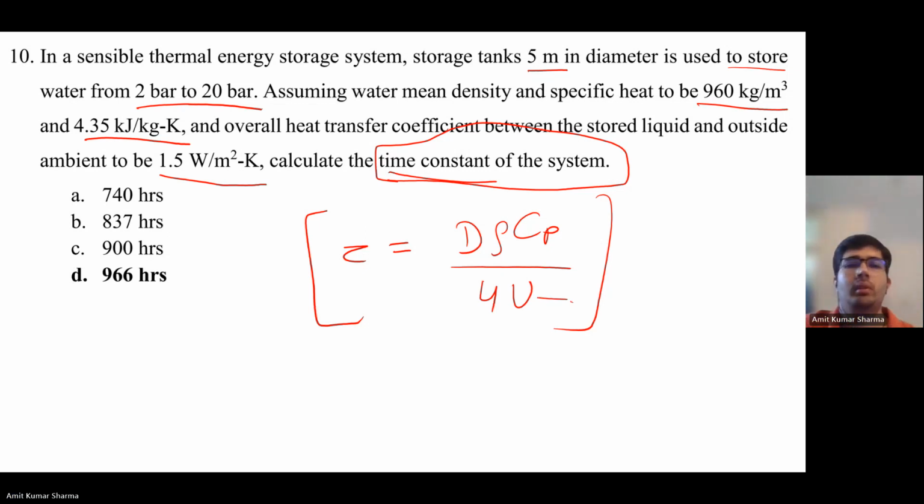Okay. Now try to put all the data and let me know the answer.